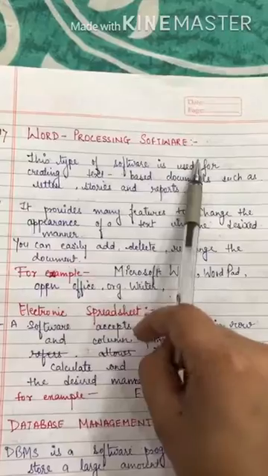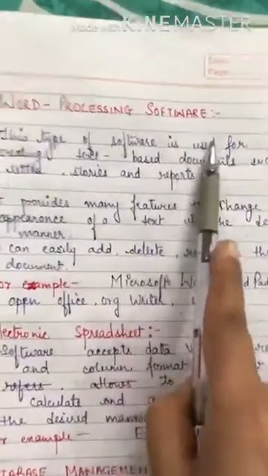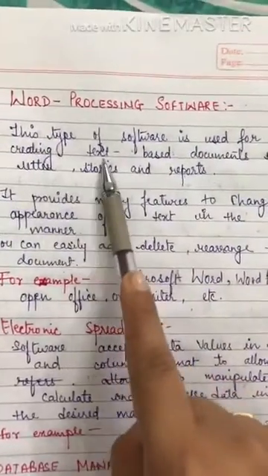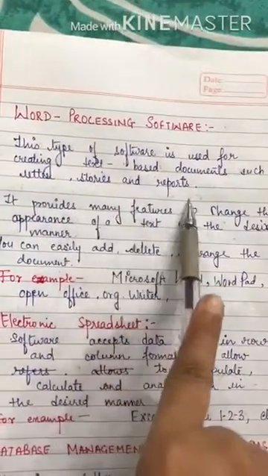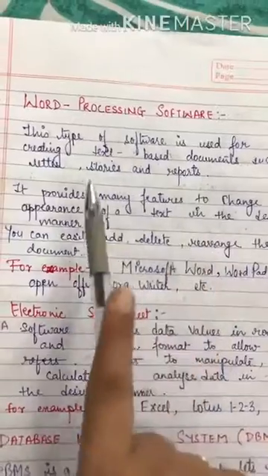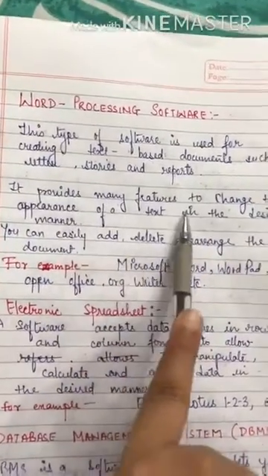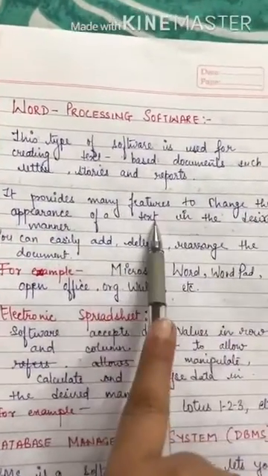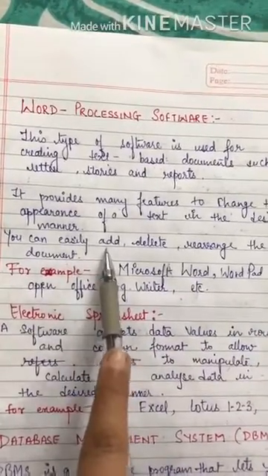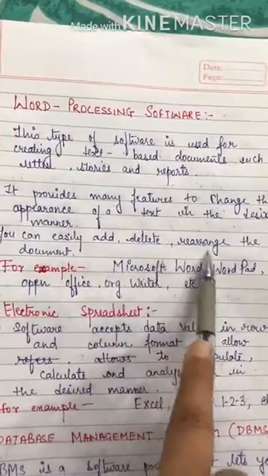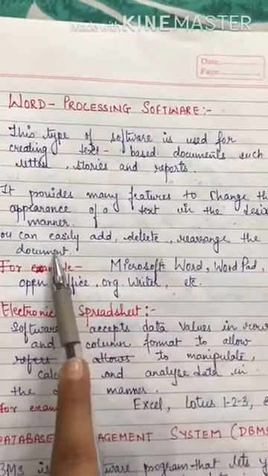Now come to the first topic, that is word processing software. Word processing software is used for creating text based documents such as letters, stories and reports. It provides many features to change the appearance of the text in the desired manner, and you can also easily add, delete and rearrange the documents.